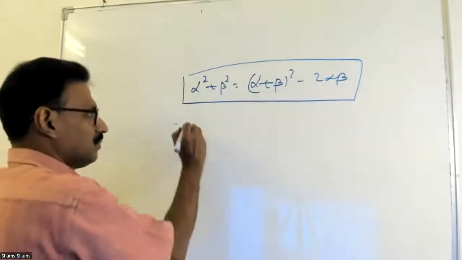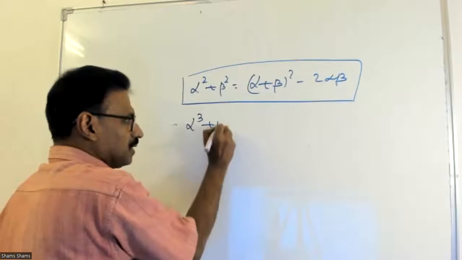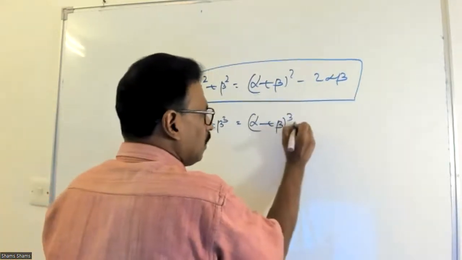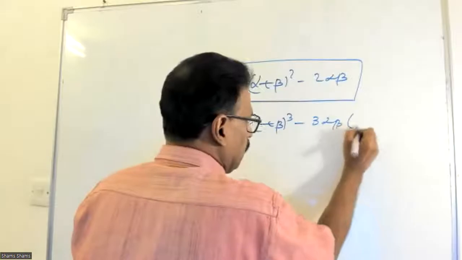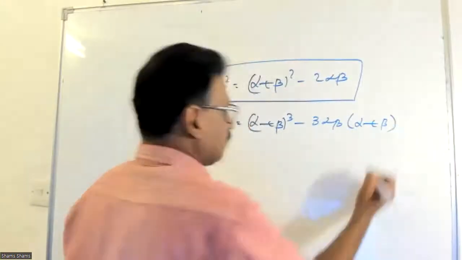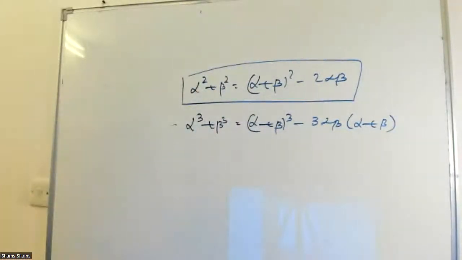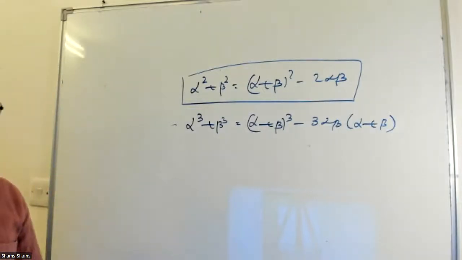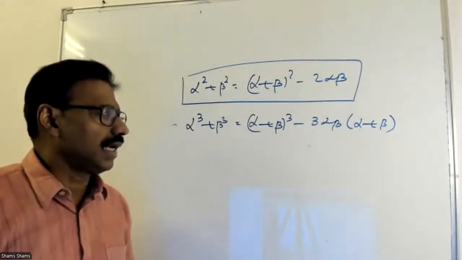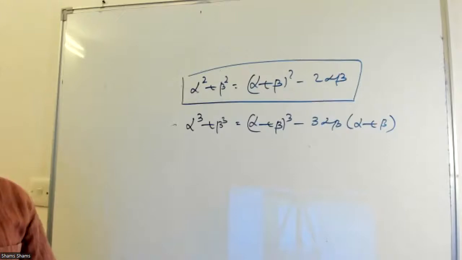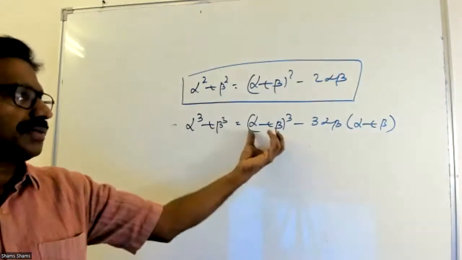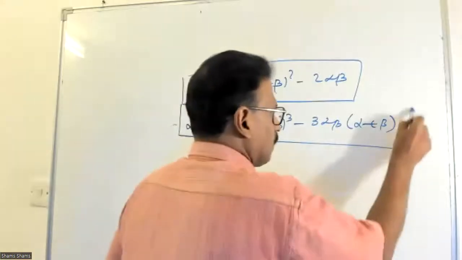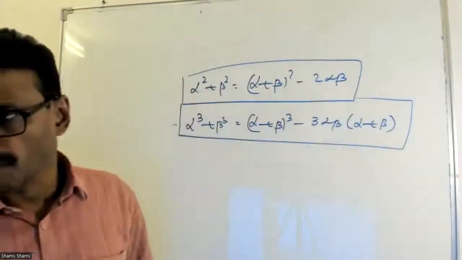Also write this, we need alpha cube plus beta cube equals alpha plus beta whole cube minus 3 alpha beta into alpha plus beta. This is not new, you already learned alpha plus beta whole cube. Keep all this in a box.